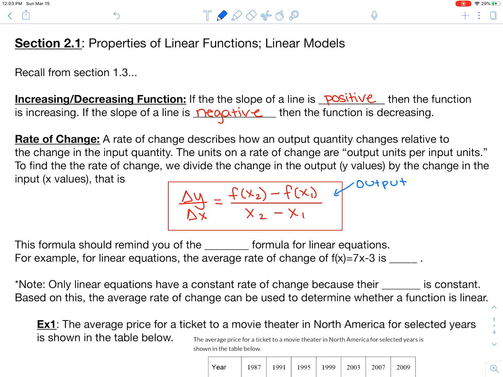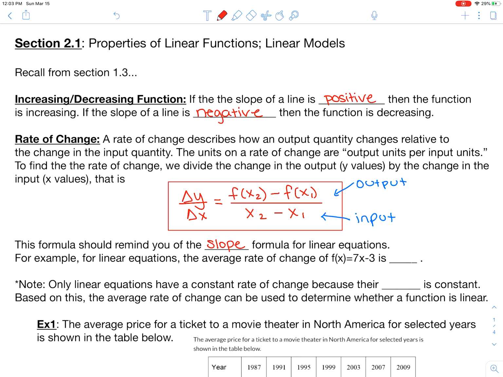So you know what the definition is talking about, we divide the output by the input. This formula, we already talked about this. So this formula should remind you of the slope formula.